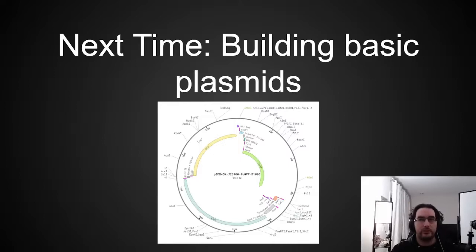But there are things that I do that people don't understand why I would do it that way. So I want to really do it properly. I want to go through the process of, okay, this is how you build a plasmid. These are the pieces. These are why they're important. This is how they go together. And this is how you put it together.